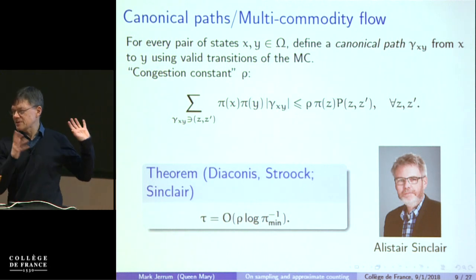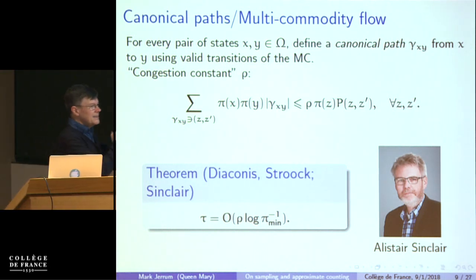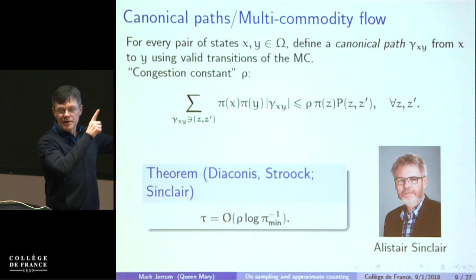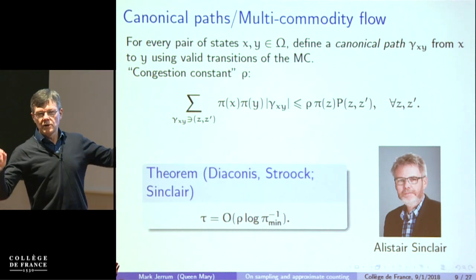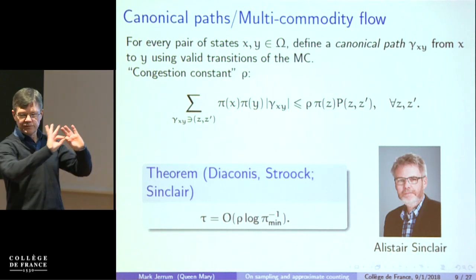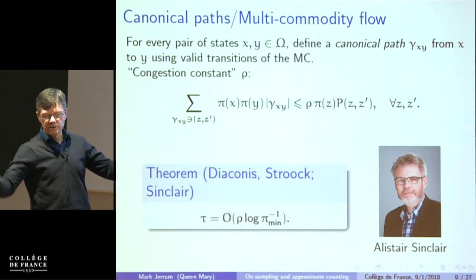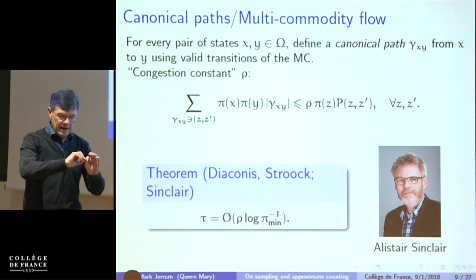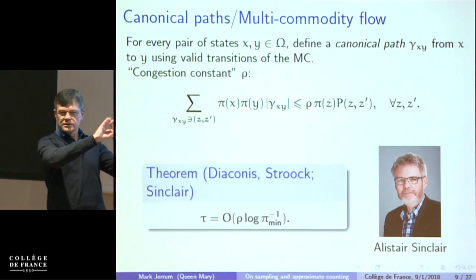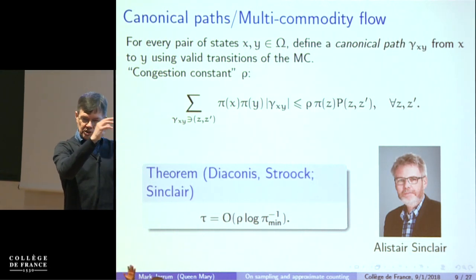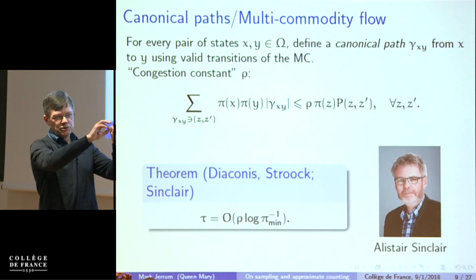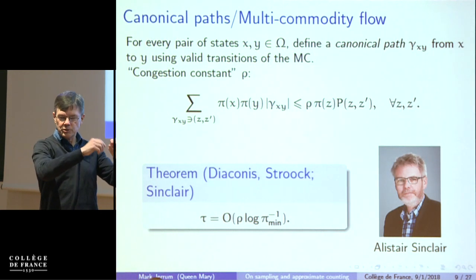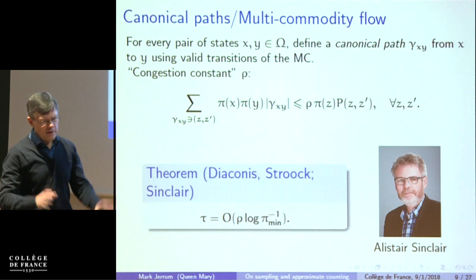But roughly speaking, the idea is that between every pair of states of a Markov chain, you define a path of transitions. So you choose very carefully a way that you can get from one state, which is a combinatorial structure, to another state, and you do this using valid transitions.